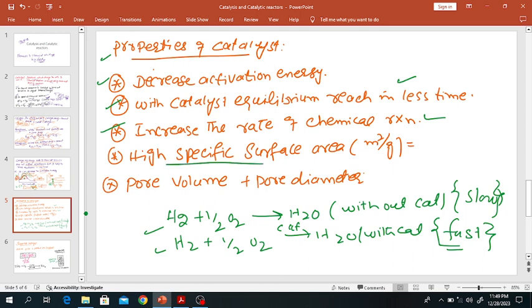A catalyst has a high specific surface area. Usually for activated carbon it is about 1300 square meter per gram. Sometimes it is 500 square meter per gram.